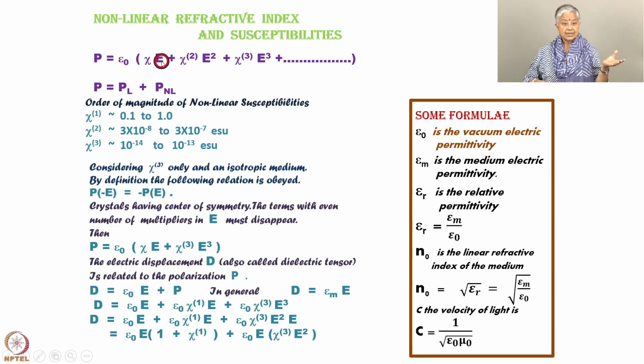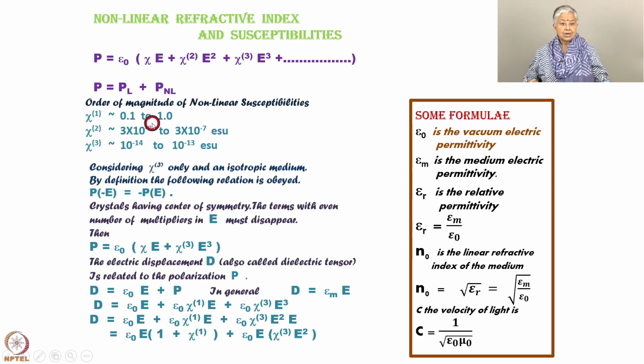So, I can write this as P is equal to P linear plus P nonlinear. The nonlinear part starts off from chi 2, and all of this is nonlinear. For our purpose, we will be bothered only about chi 2 and chi 3. The others are too small to even think about.